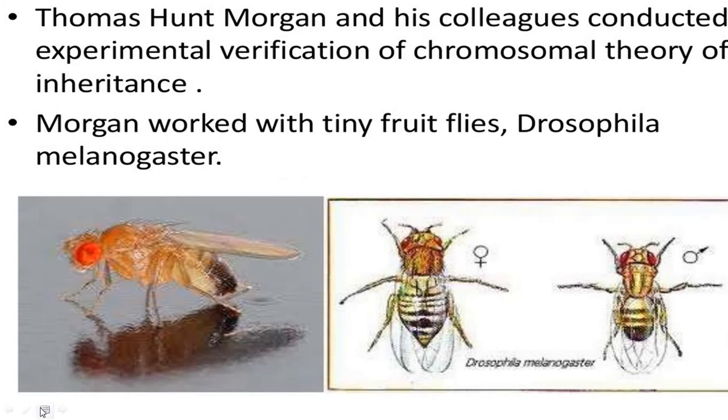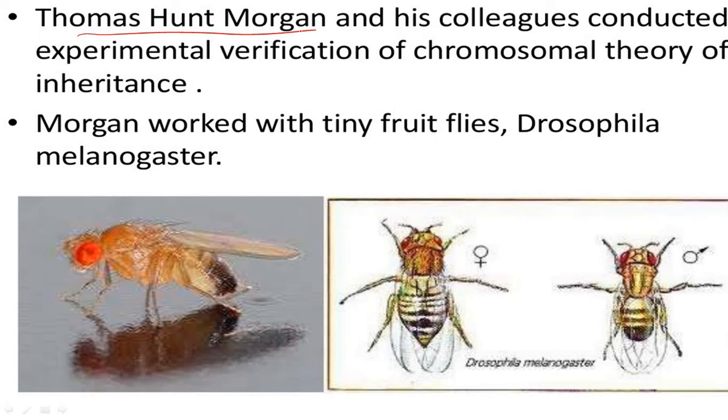Now, experimental verification of the chromosomal theory of inheritance. It was done by Thomas Hunt Morgan and his colleagues. He observed that the two genes under consideration in his experiments did not segregate independently as in the case of characters studied by Mendel.